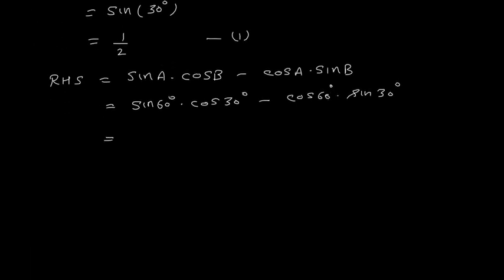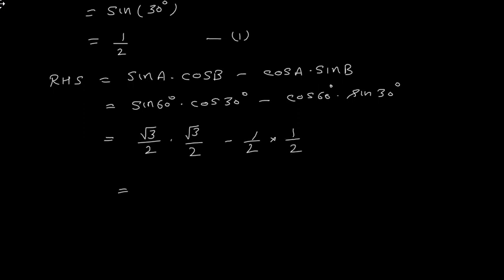Sin 60 is root 3 upon 2 into cos 30 is root 3 upon 2, minus cos 60 is 1 upon 2 into sin 30 degree is 1 upon 2.